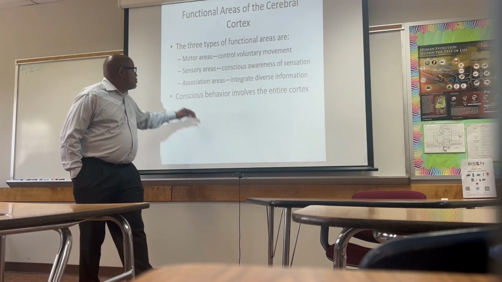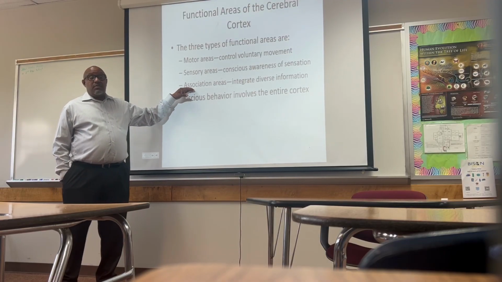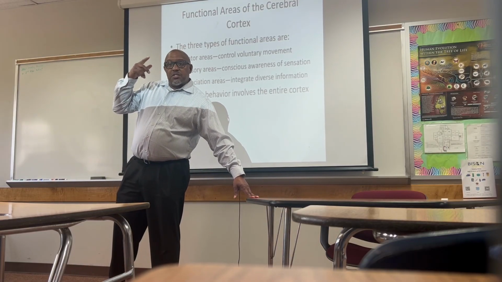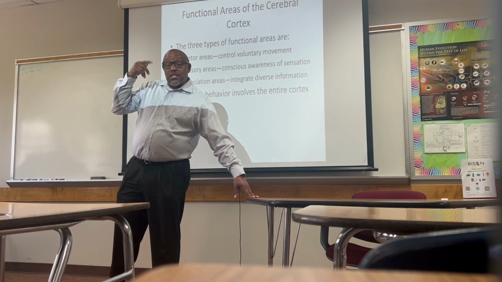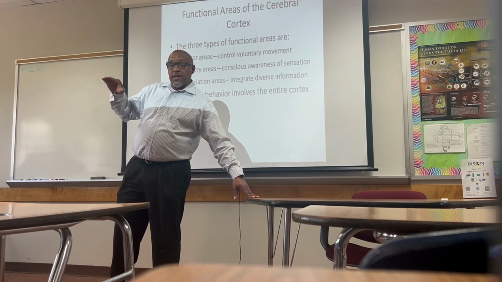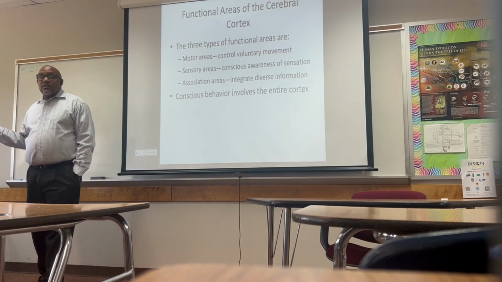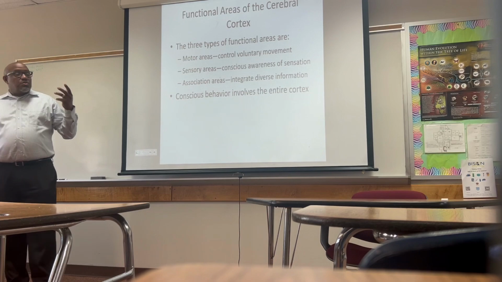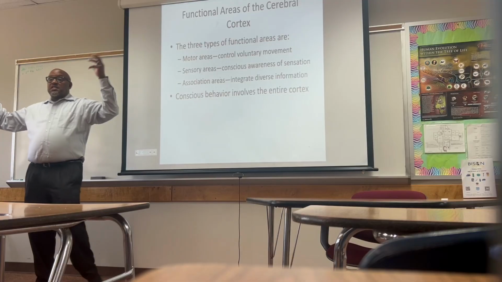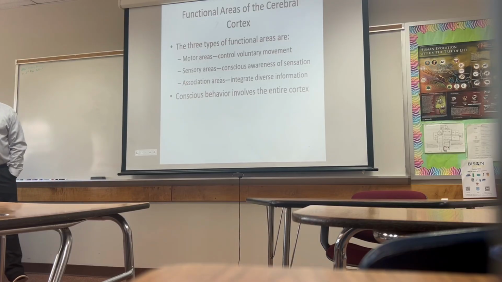I'm having to use an association area to make sense of that, because smooth is relative to other things that I've touched. Cold is also relative to other things that I touch. So I'm making an association. Or you can say something is warm and fuzzy, these are associations. So they're areas of the brain that take different senses and combine them. Those are association areas.